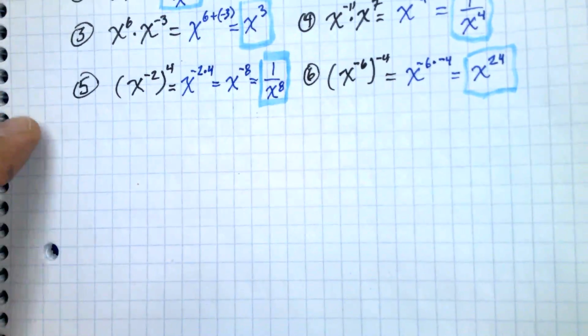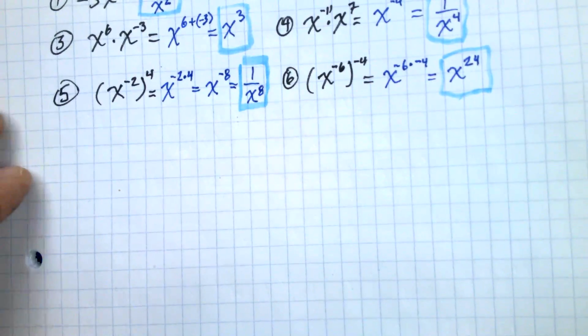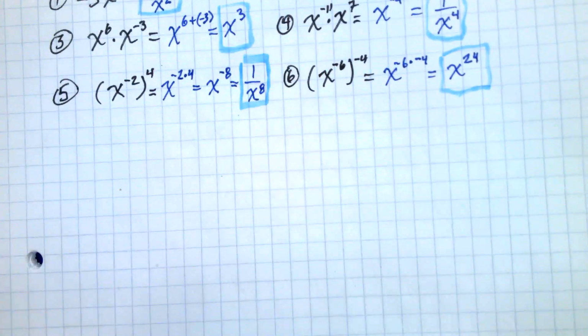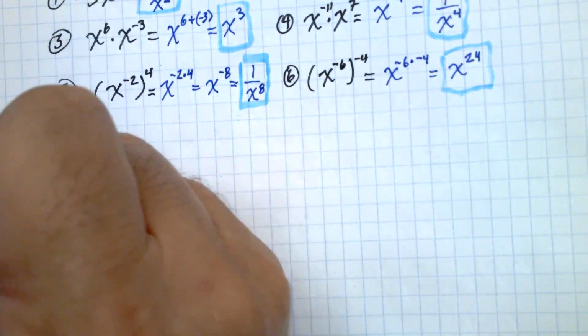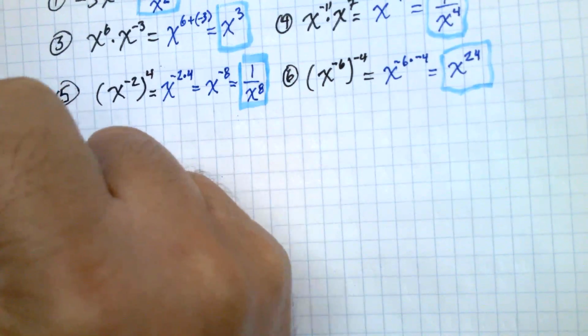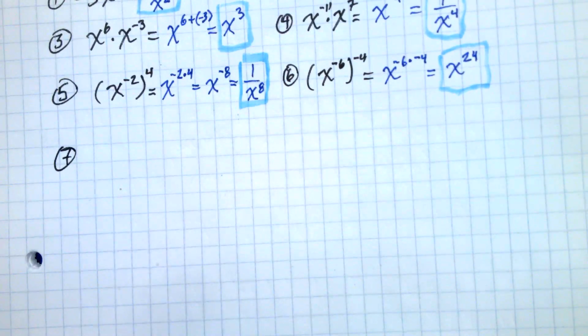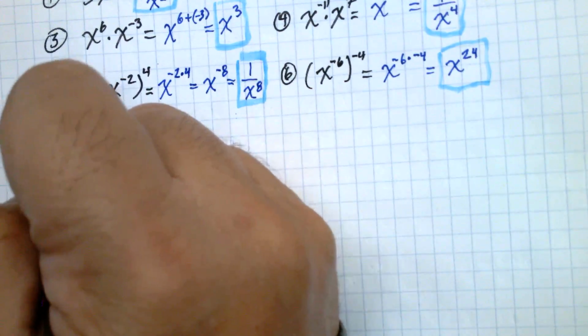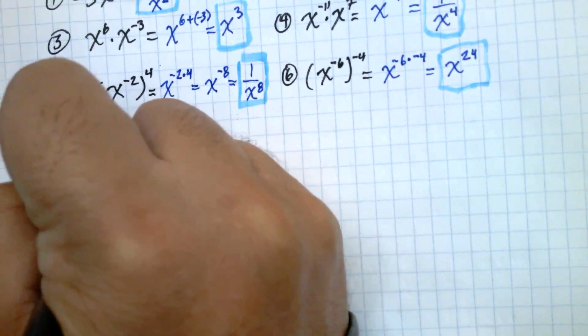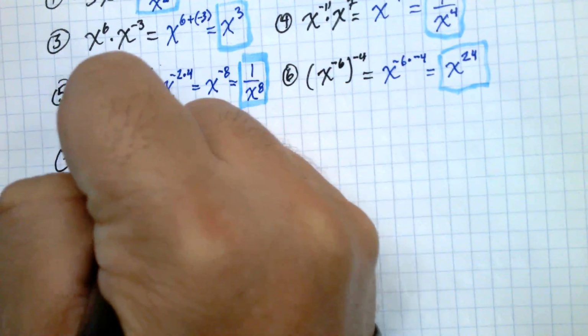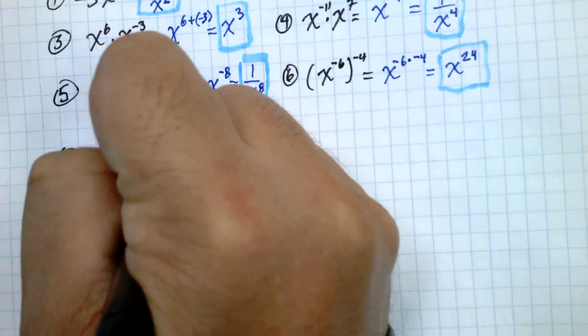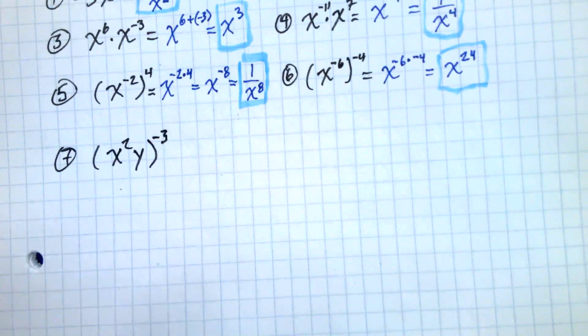Okay, you guys ready? Let's do number 7. We're going to do x squared y, and we're going to negative cube that.